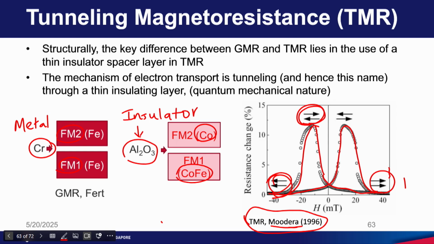So, this is the key difference between GMR and TMR. In GMR you can send the current this way or this way; in both cases current can flow. If you send current in plane, we learned that the electrons get scattered. If you send current this way, again they get scattered.